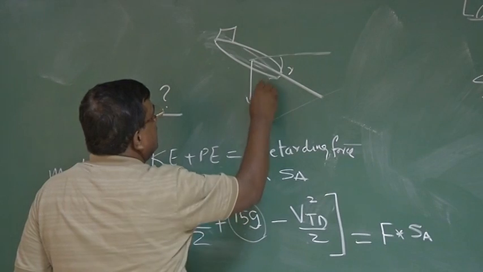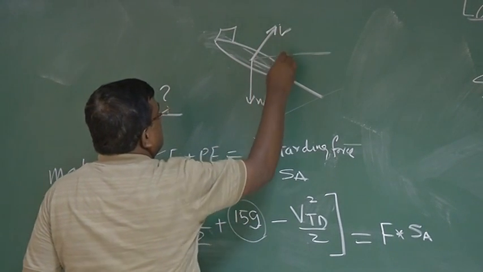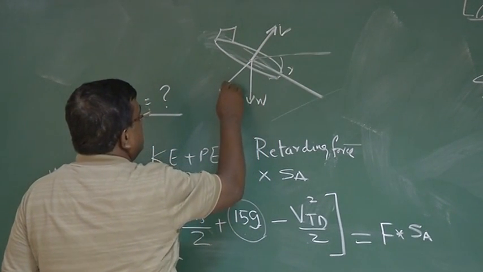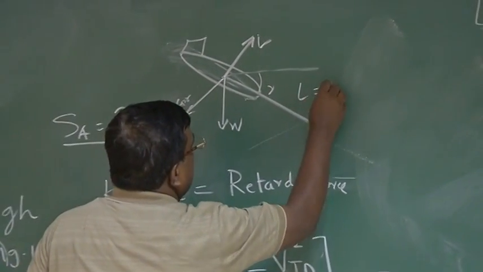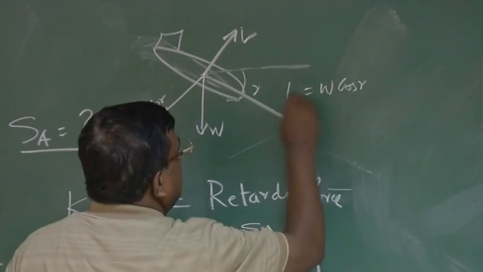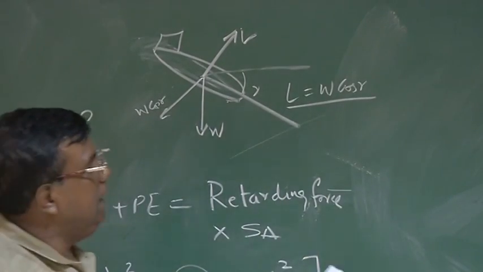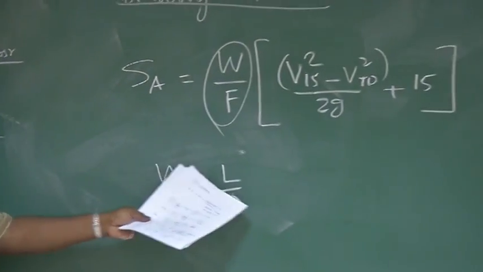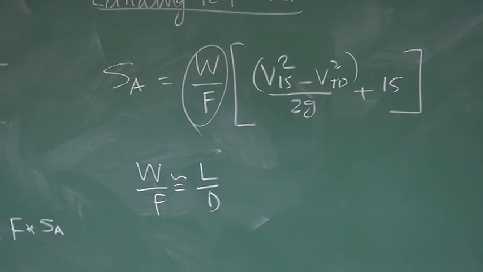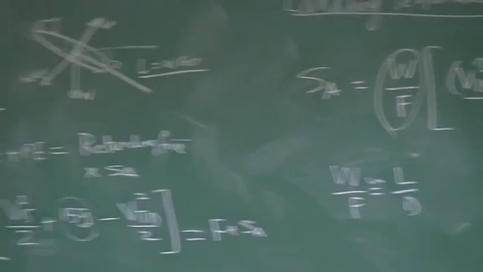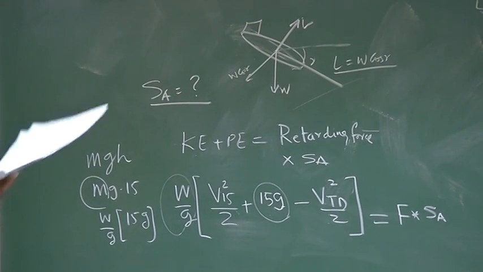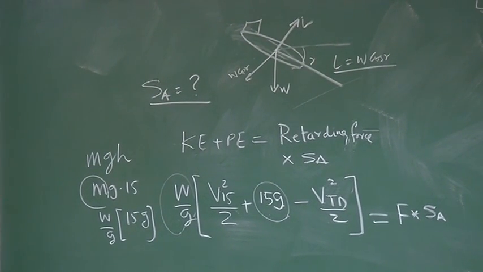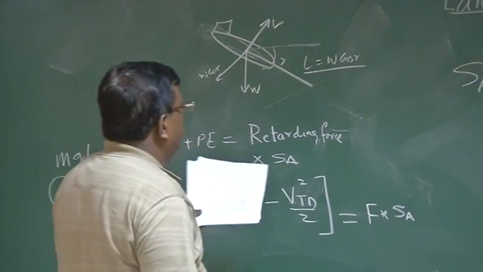This is W, this is lift, this is gamma, so this is W cos gamma. So L is actually equal to W cos gamma. But here W is replaced by lift. Why? Because gamma, I was telling you, is 3 degrees, a small flight path angle. So it's not a bad approximation.